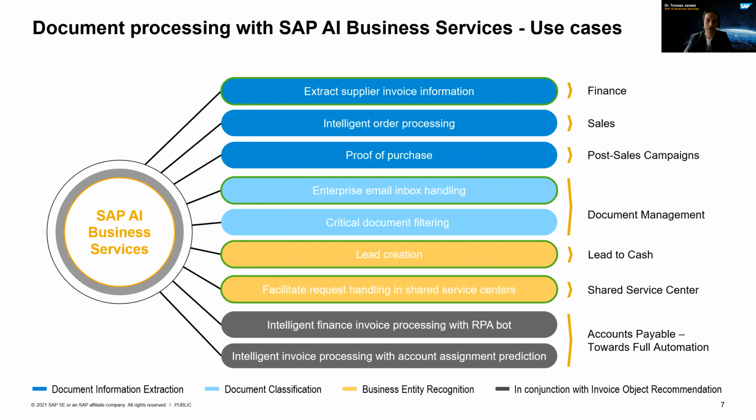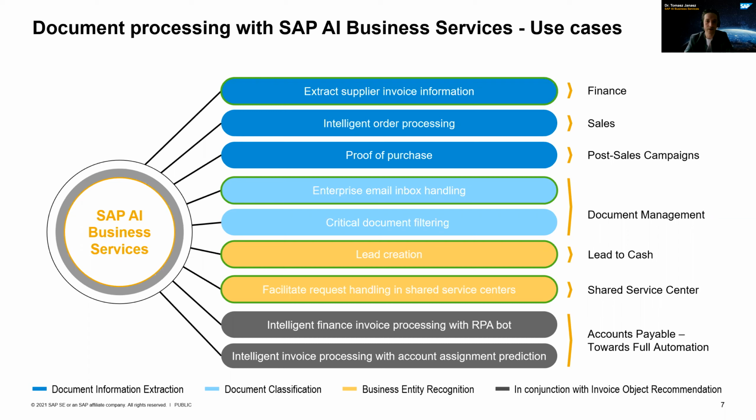As you can imagine, there are plenty of possible scenarios where you can apply these services. Think about, for example, finance: invoice automation in accounts payable or payment advice extraction in accounts receivable. Sales: here, for example, handling incoming customer orders that arrive via an email as a PDF attachment.